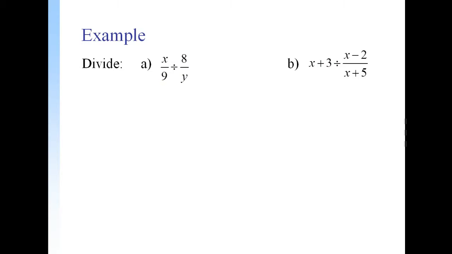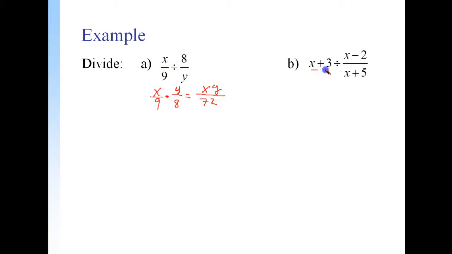So what will this be? Well, this is going to be simply x over 9 times, now as I change that division sign to multiplication and take the reciprocal of this, so this becomes then xy over 72. Now there's nothing that we can cancel, so that's all it is.